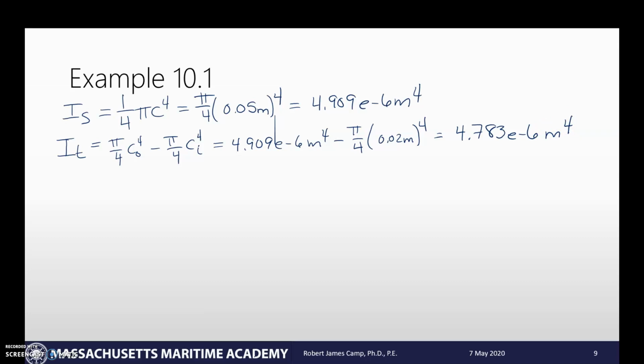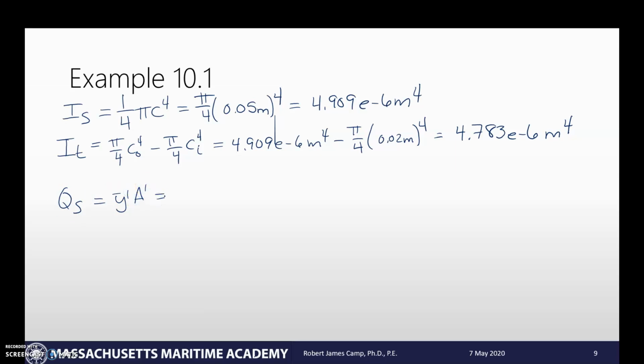Okay, so now our I's are taken care of. And now we need to worry about Q. So remember, Q is kind of like the moment of inertia. It is the area above the cut times the location of the centroid of the cut. So Q of S is going to be y bar prime times A prime.